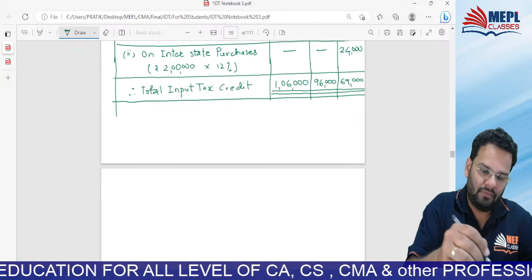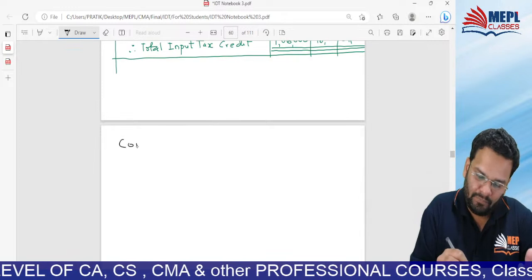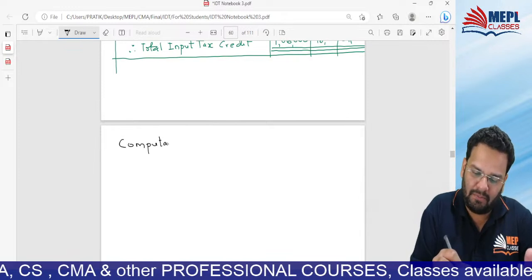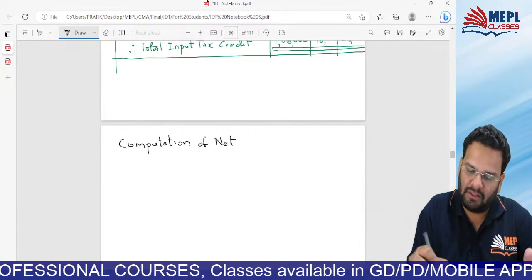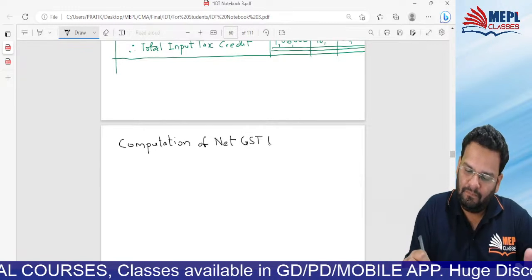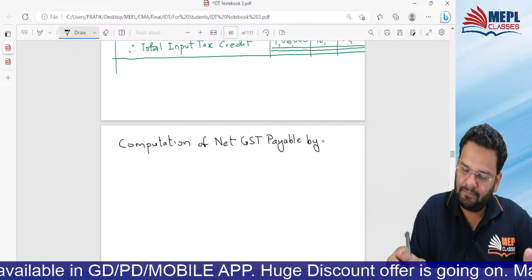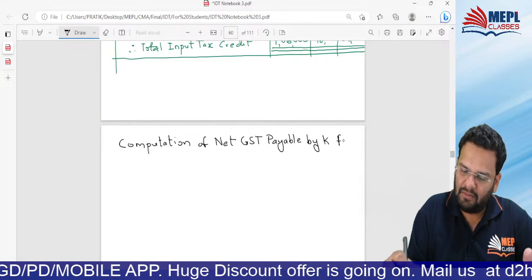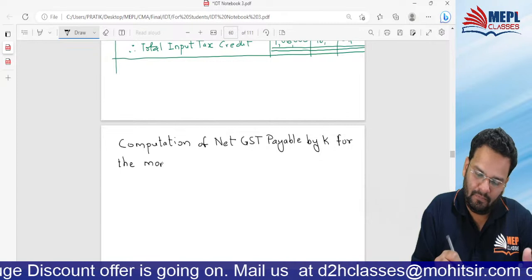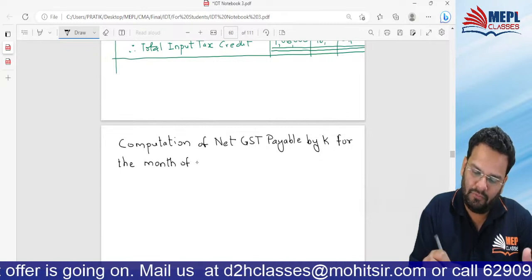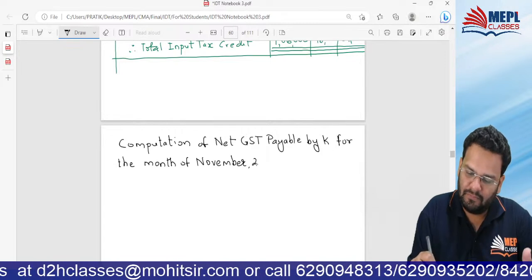So now go ahead and make the statement. Computation of net GST payable by K for the month of November.